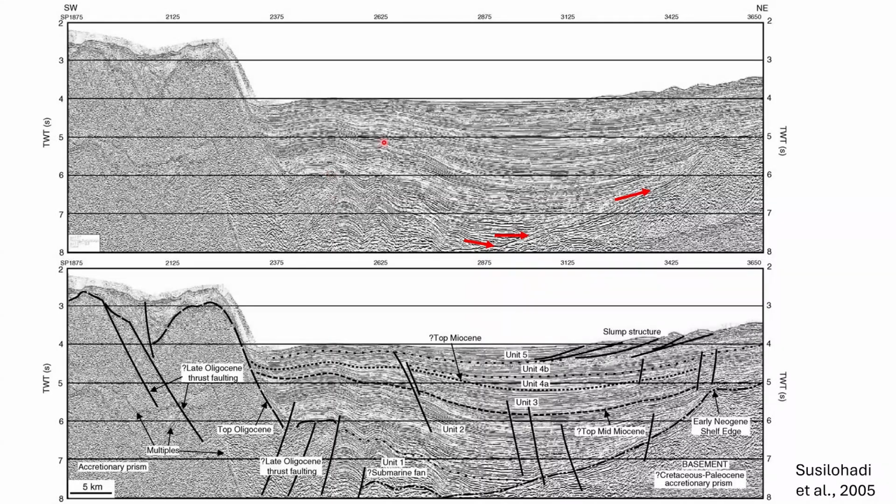So these strata here used to be horizontal all the way. Now they're dipping back towards the center of the basin. So that means there has been compression through here, causing tilting of the forearc basin sediments along this outer arc ridge.